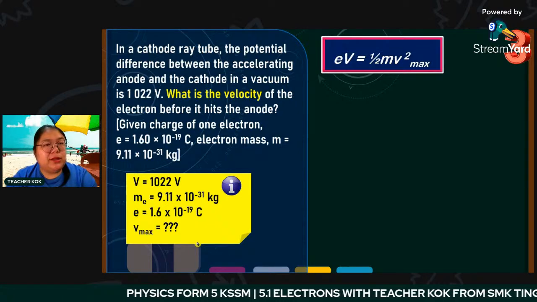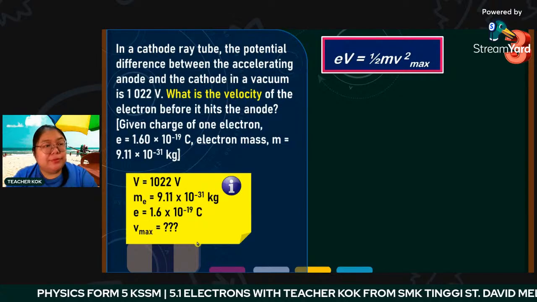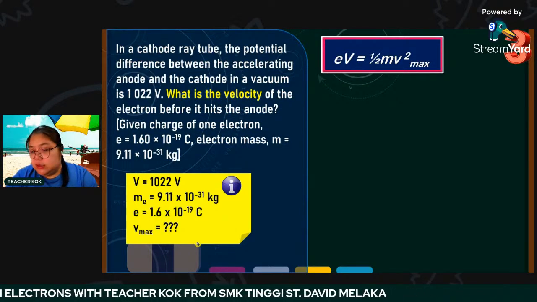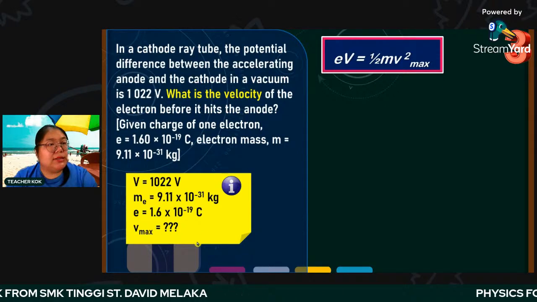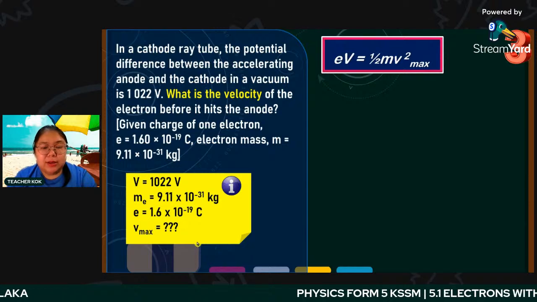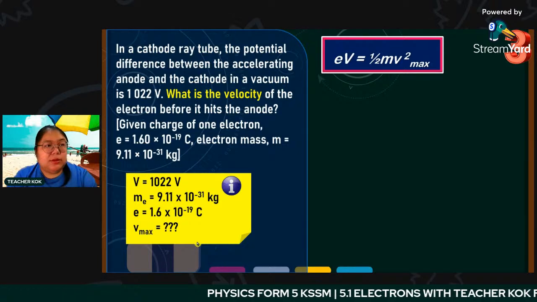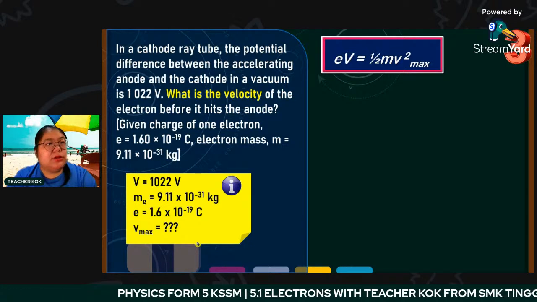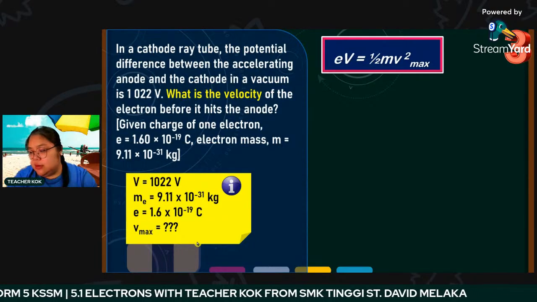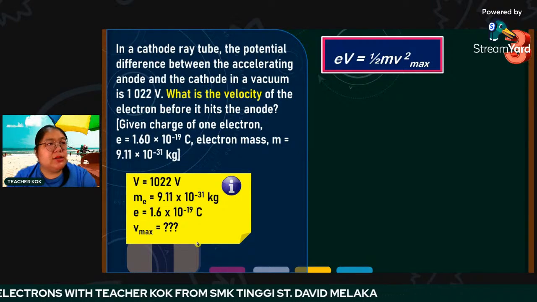Okay, so from here, eV equals half mv squared. Can you find for me the velocity maximum? Okay, so we just wait. Maybe when you press the calculator you need some time because the number is quite long. So the others, for example, Esther, can you show the answer or not?